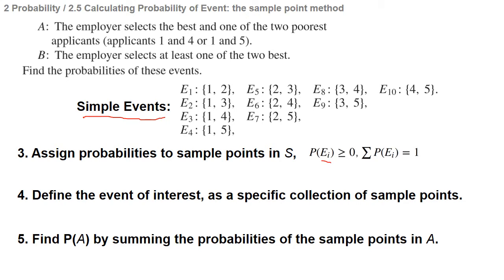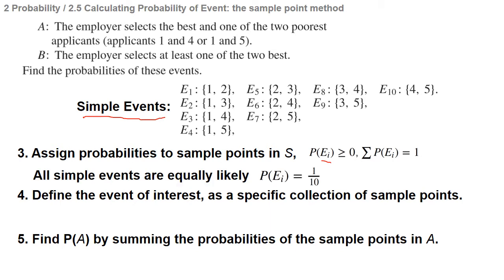And in here, actually, all the simple events are equally likely. I mean, we are randomly selecting 2 among 5, and all the events are equally likely.